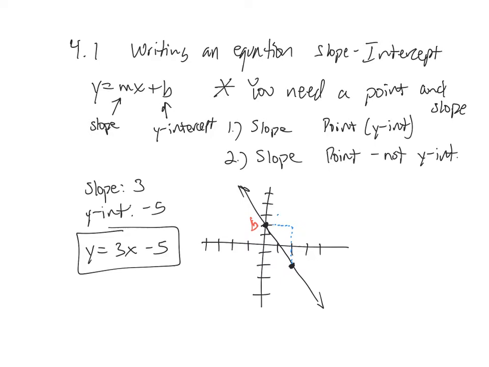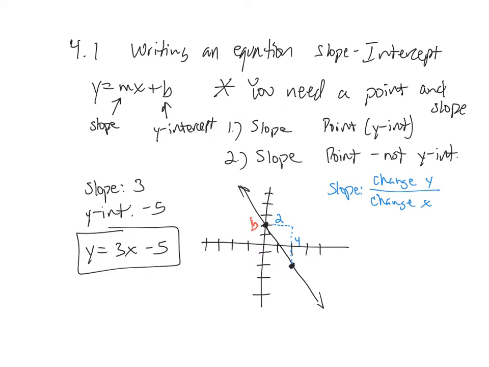I go 2 to the right, and then I go 1, 2, 3, 4 down. So remember that slope. I feel like the best way to remember is the change in the y direction over the change in the x direction. If you looked at examples in the book, they use a slope formula, and that can get confusing depending on plugging in the right information.